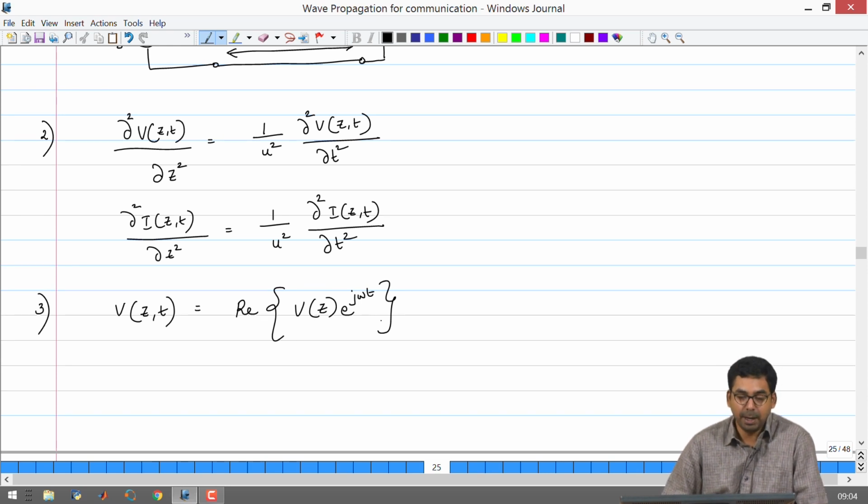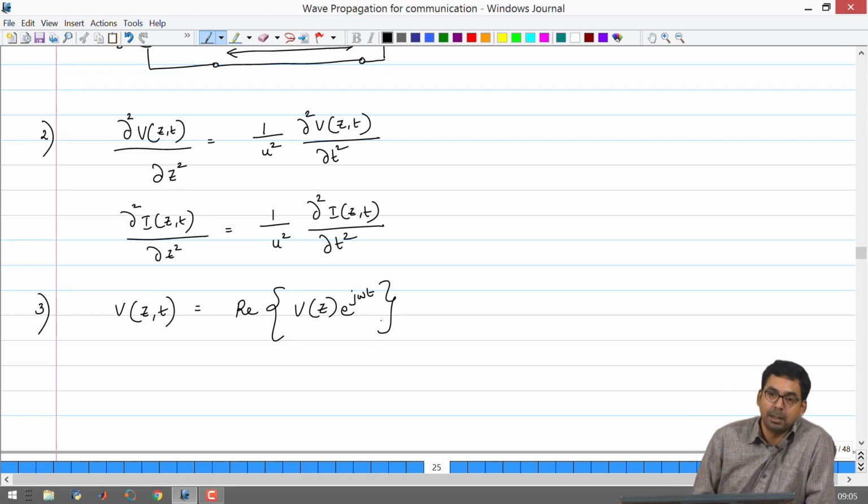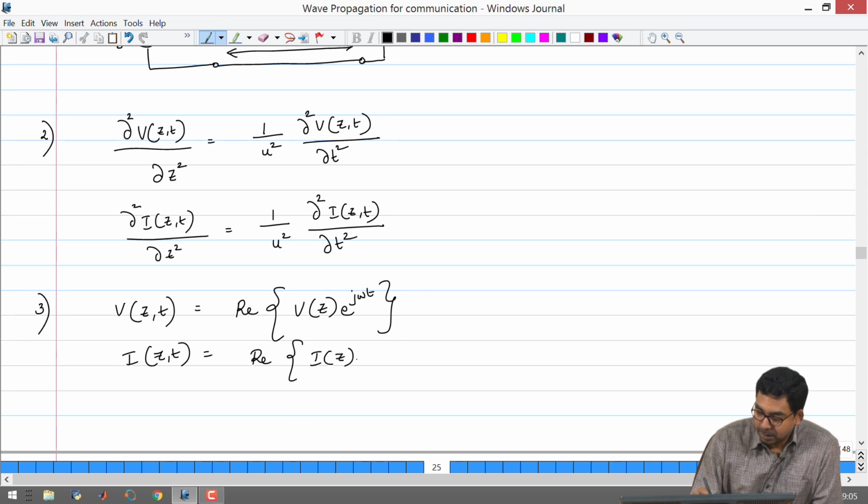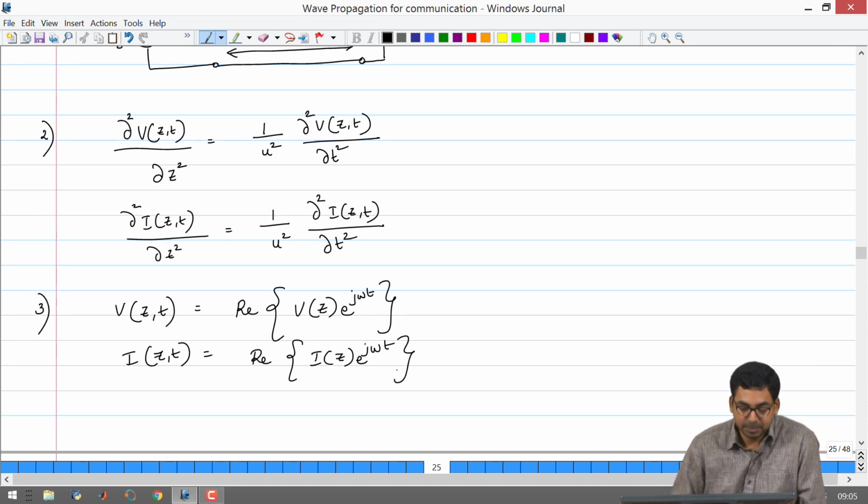The reason is that I have to take two partial derivatives with respect to time, and the derivative of the complex exponential is simpler. Each time I take a derivative, I just multiply by jω, that's it. So it's easier to do this, and in the final results one can always take the real or imaginary part depending on the kind of source. It's just a mathematical simplification, and I(z,t) can also be written as I(z) e^(jωt). So the time dependence is clearly periodic.